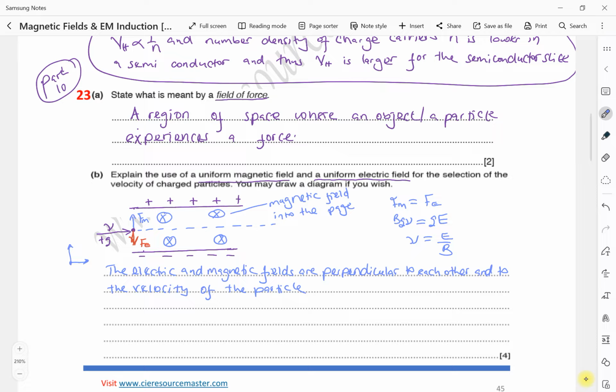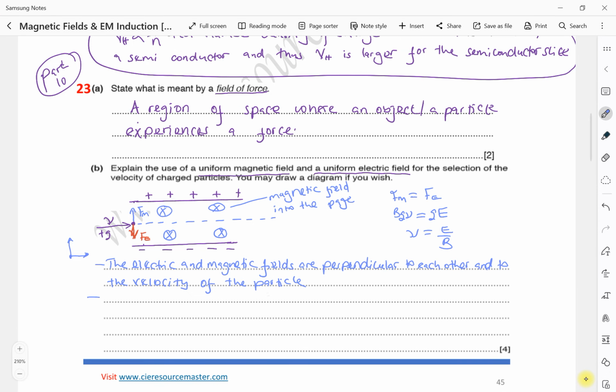For example, the electric field is downwards, the magnetic field is into the page, so they are perpendicular. The velocity of the particle is towards the right, so they are perpendicular. They are perpendicular to each other and to the velocity of the particle.